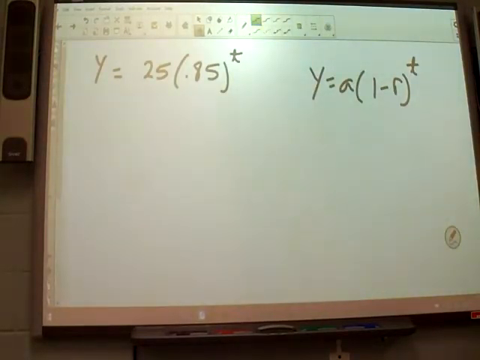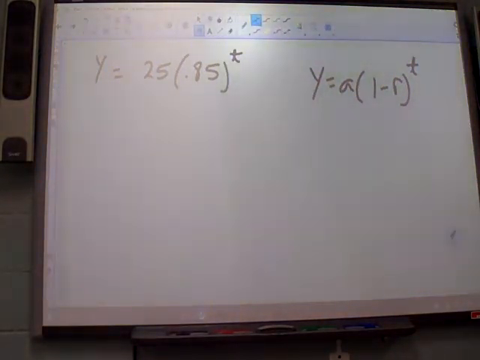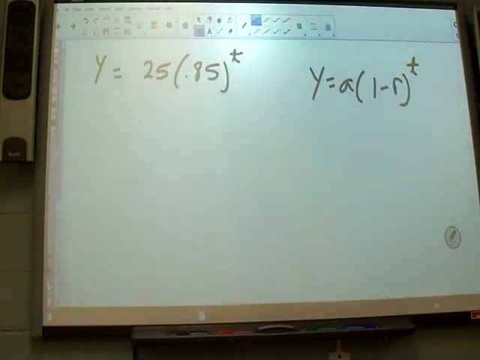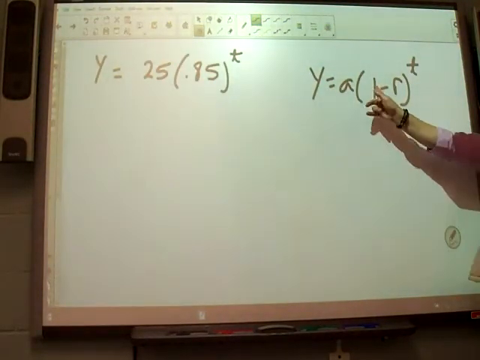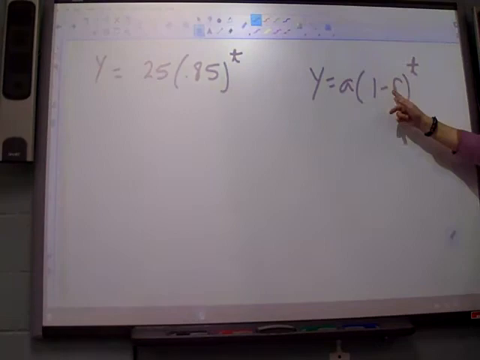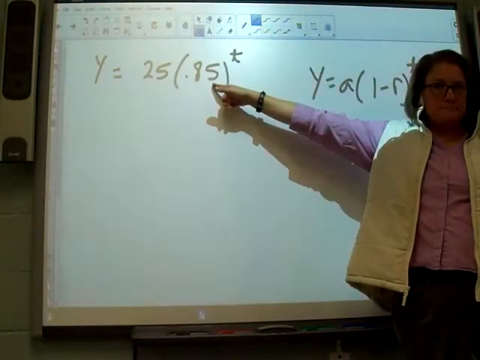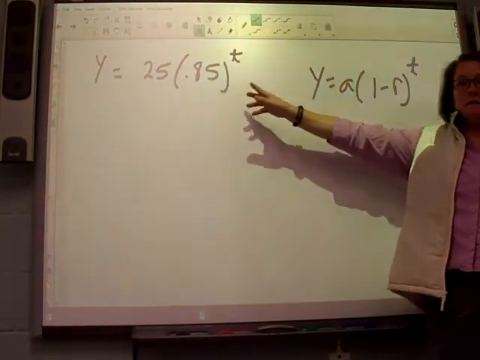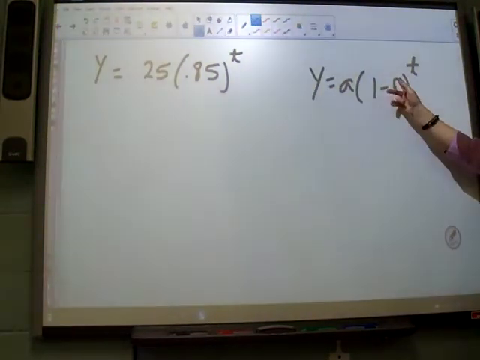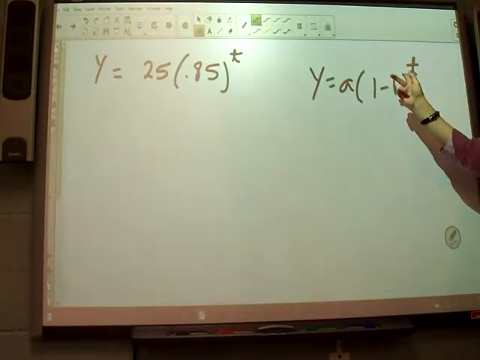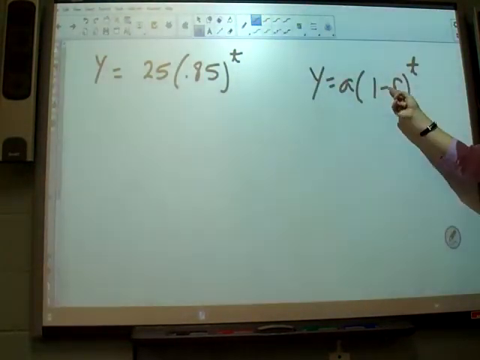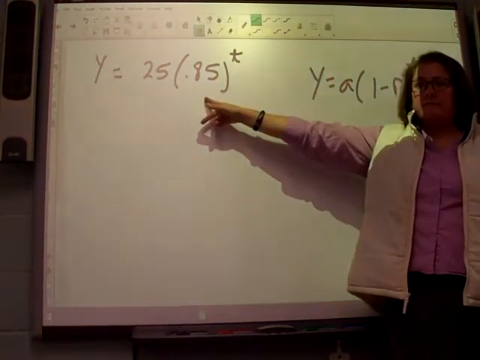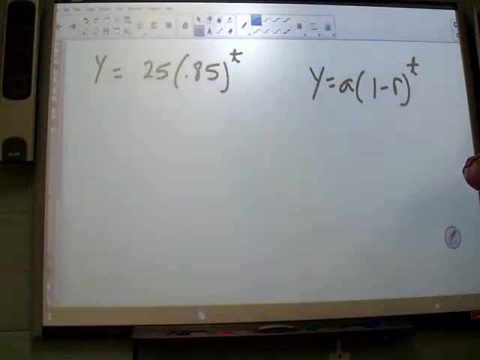Not 85%. Not 85 cents. Not $85. It's not 85 anything. 1 minus what got that 0.85? Ding, ding, ding. See where we're headed now? So what would my rate be? Close. 1 minus what is 0.85? 15%, right?